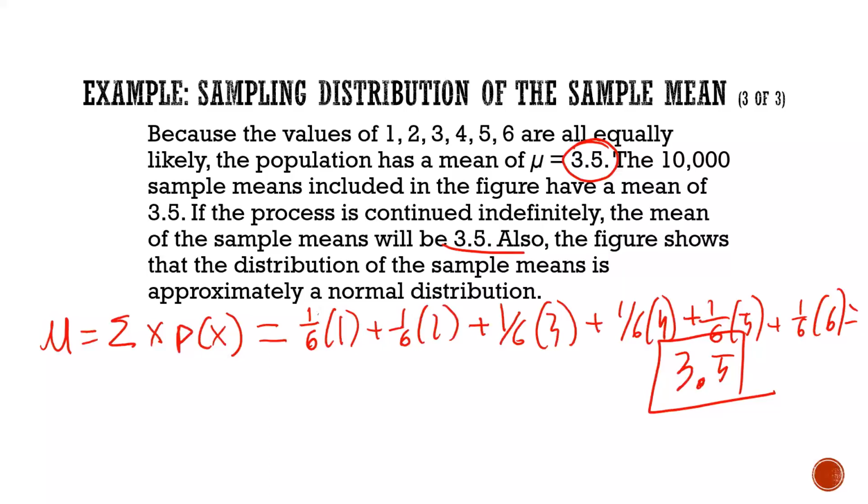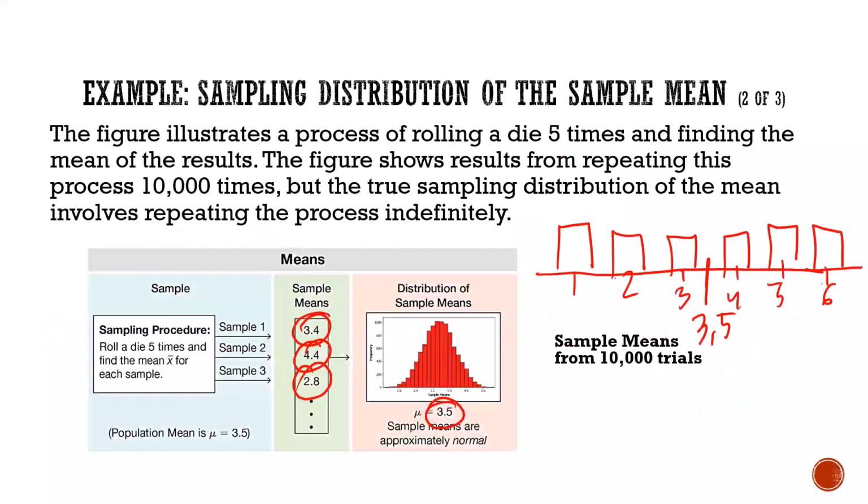And if I did this process, where I average out 5 things, some means would be down here in the 2s, some would be more, but the mean of all of those means would be 3.5, which is the same as the mean of all the dice rolls, right? So the mean of the means is the same as the mean. Clear as mud, right, when you say it that way, but that's what I'm saying.